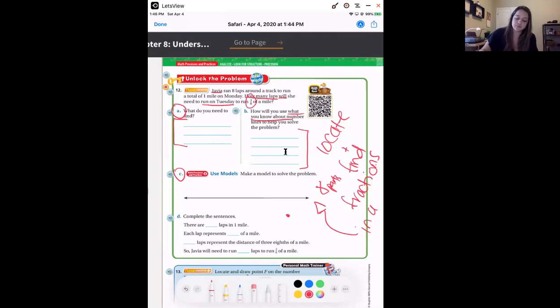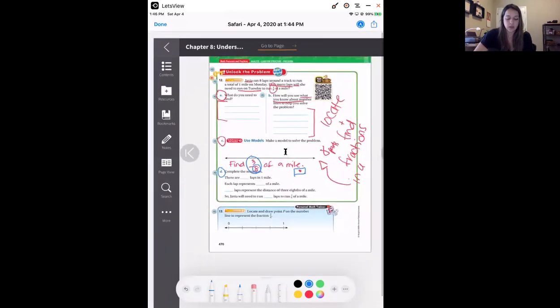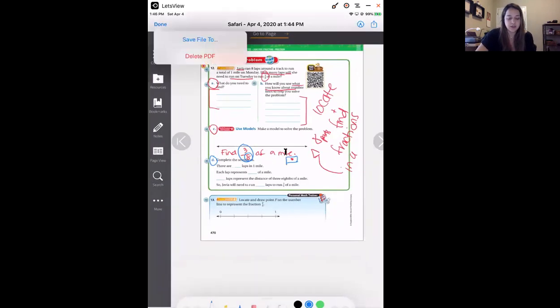Over here in C, find 3/8 of a mile on the number line. So it should be broken up into 8 parts. Find 3/8. Got it? Make sure you label it with a dot. Locate it, then enter D. Go ahead and do 13 on your own. That one's pretty simple.